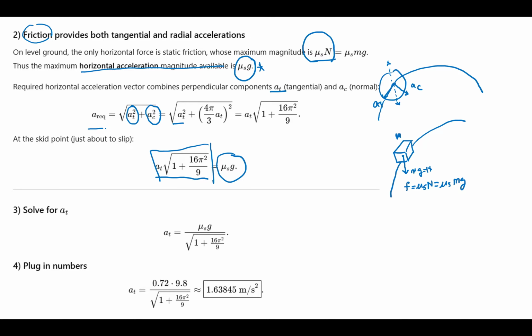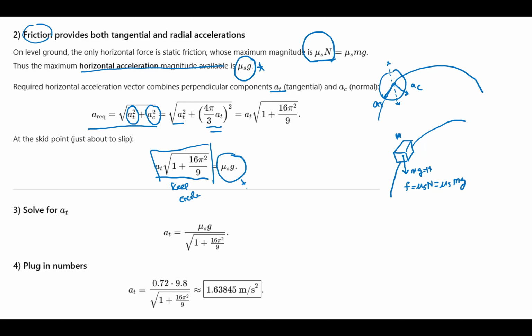So that is these accelerations. And this acceleration has two components. One is the tangential and the other one is the centripetal, okay? And then we have just found out what the centripetal force is, and it is given by this one. And this should match this force and keep it in a circle.